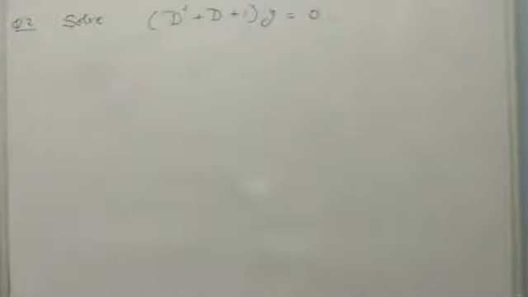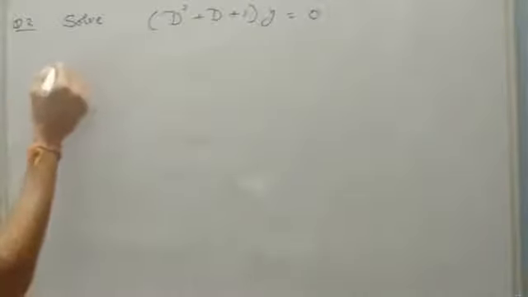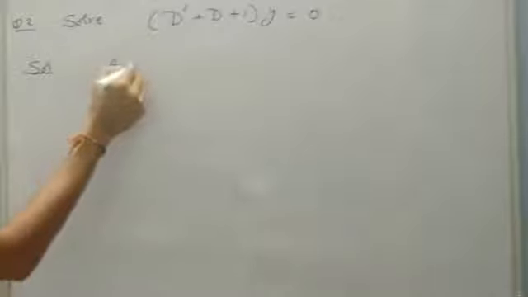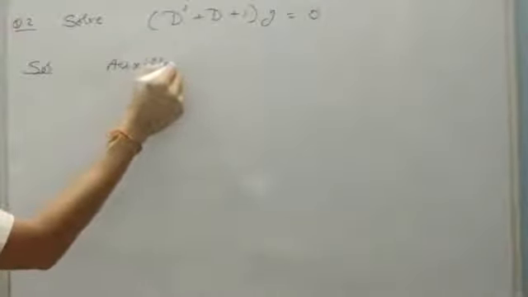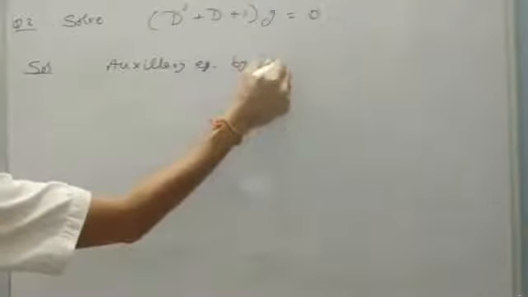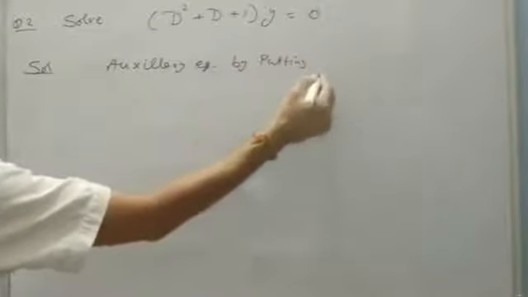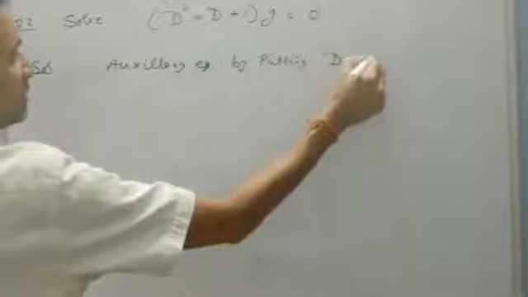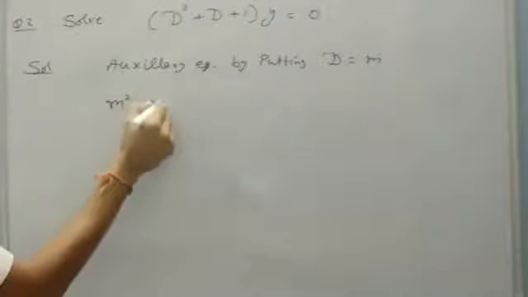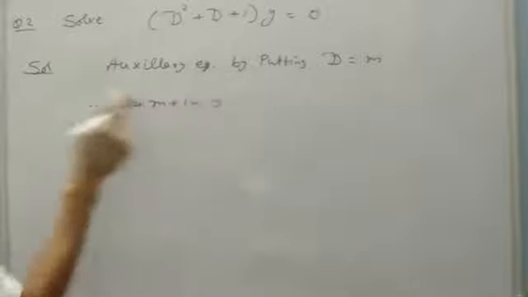Now another question I have written already in short form, D square plus D plus 1 of y is equal to 0. So we can say for the auxiliary equation, by putting D equal to m, we get m square plus m plus 1 is equal to 0.